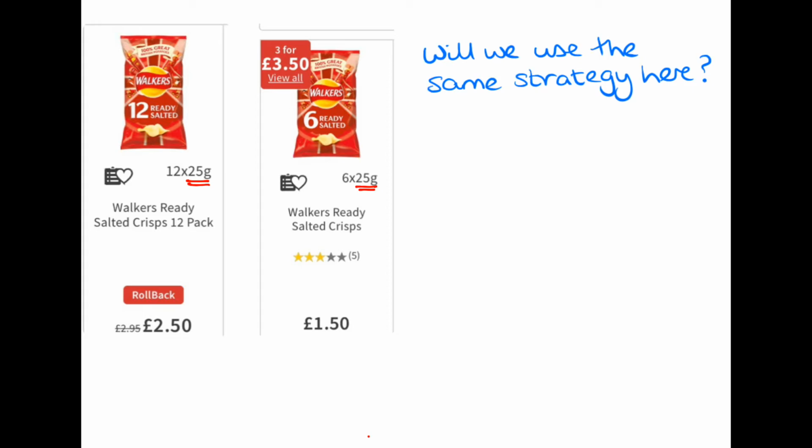We can get 6 packs for £1.50. We can get 12 packs for £2.50.